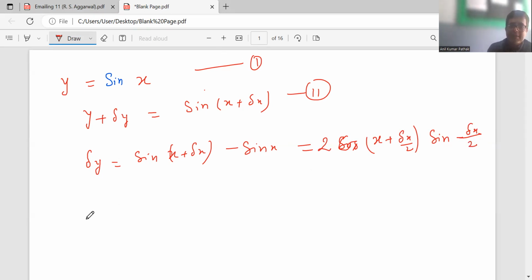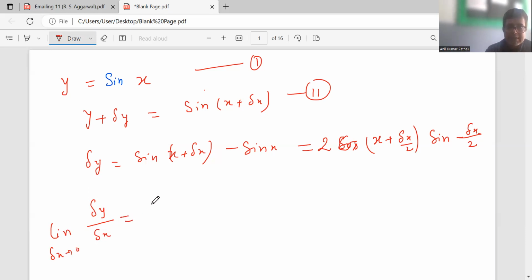We divide both sides by delta x, and we put the limit delta x tending to 0. So it will now be the limit of delta y by delta x as delta x tends to 0.